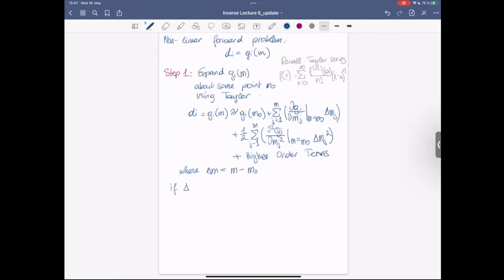So if the delta mj for n lower equal to are small, we use only di equals Gi of m and approximate it with Gi evaluated at M0 plus the sum of j equals 1 to m, the first derivative, dGi with respect to mj at m equals M0 times delta mj. That was step 1.